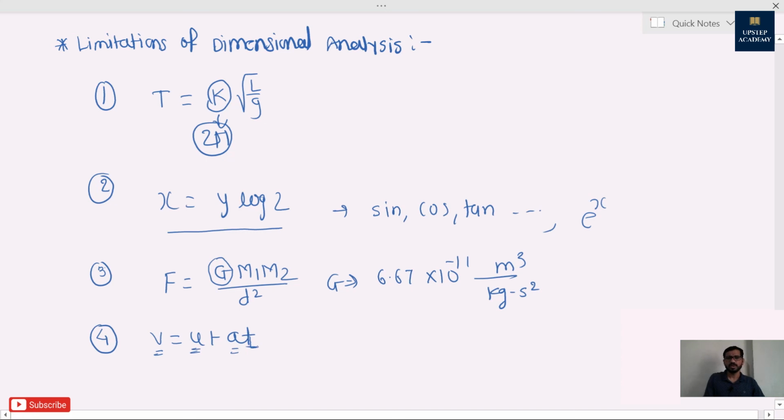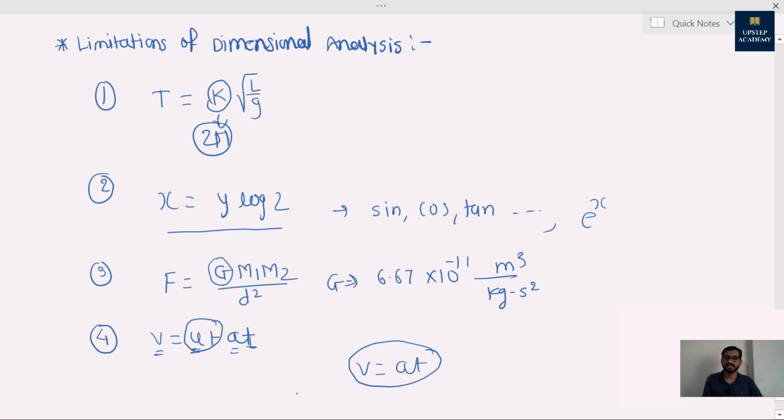So v is equal to u plus at is the equation, but if we take v and at only, then we can set this equation by using dimensional analysis. But by using dimensional analysis, we cannot guess that there is one more physical quantity present, that is u. So this is also the limitation of dimensional analysis.